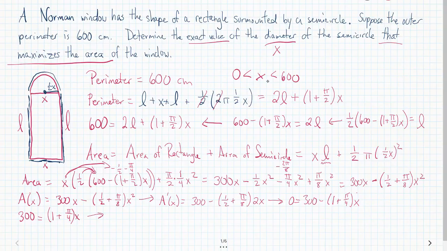And so divide both sides by that 1 plus pi over 4, so you get 300 over (1 plus pi over 4) equals x. Now, this doesn't tell us if it's a minimum or a maximum, so what we'll have to do now is actually draw that number line.